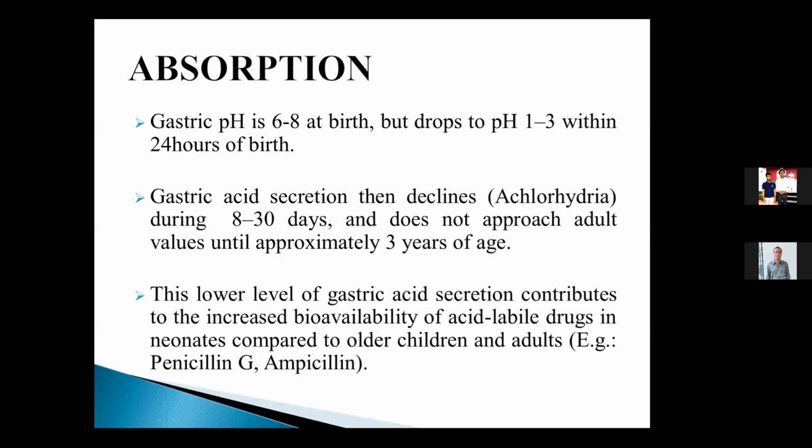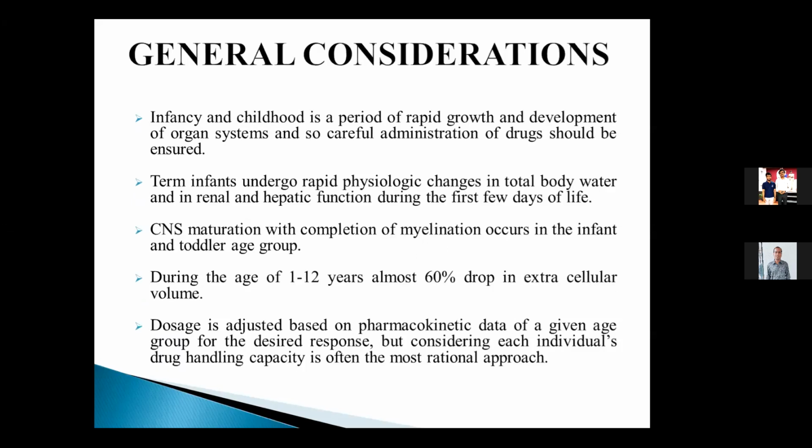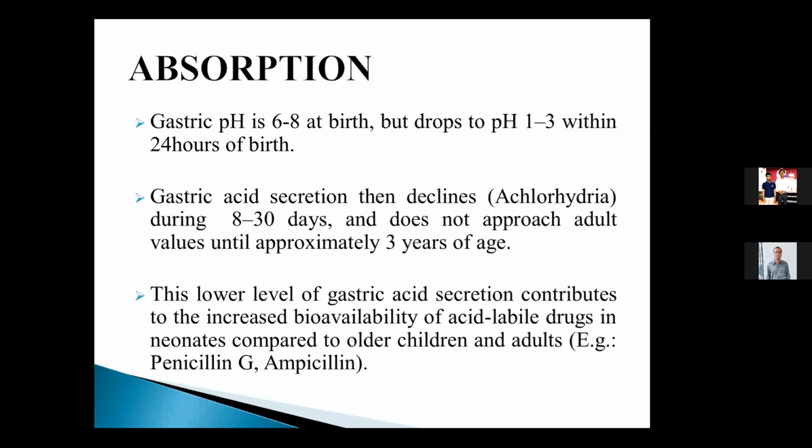Absorption. According to physiological changes, absorption, distribution, metabolism, and excretion also depend on that, and so there are changes of doses in pediatrics. Drug dose in pediatrics: first, gastric pH is 6 to 8 at birth, but it drops to pH 1 to 3 within 24 hours of birth.